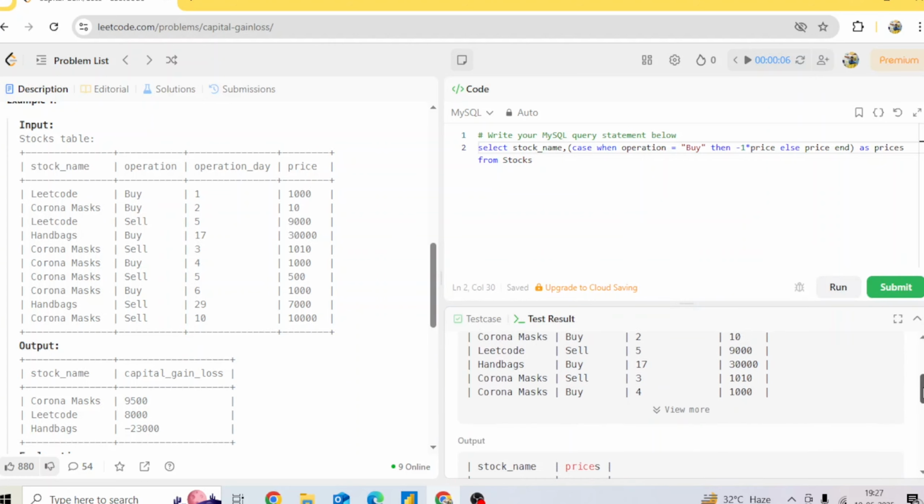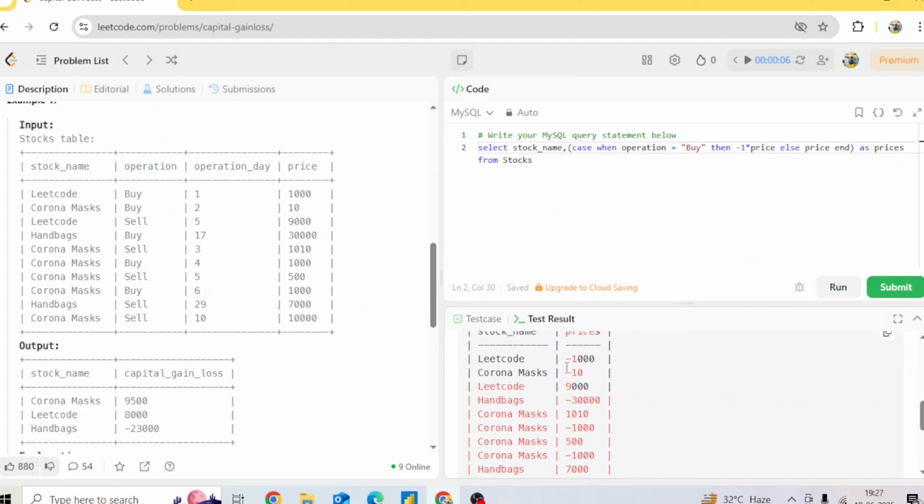Now if I go down, you will see that all the prices are now in their proper value. So if it is buy, it is minus. If it is sell, then it is positive.